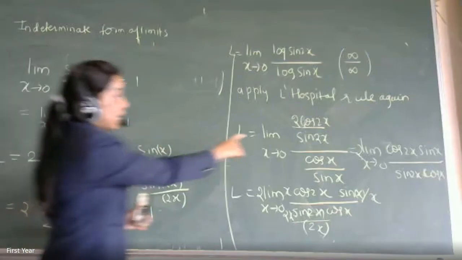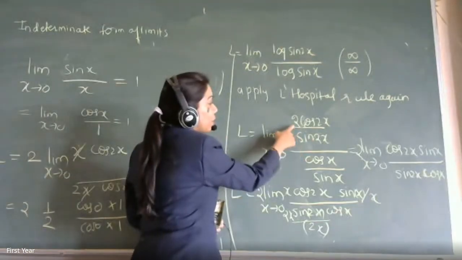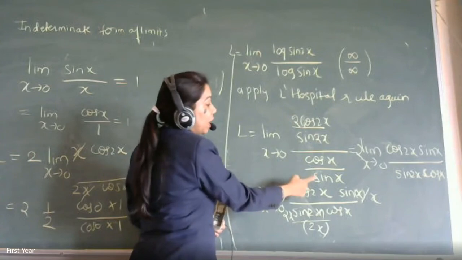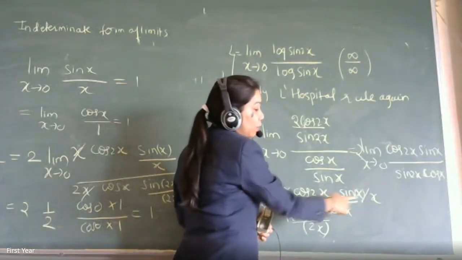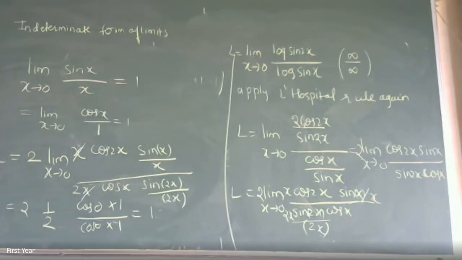And that sin 2x is in the numerator. And sin x, we divided sin x by x and multiplied, yes, multiply and divide. Understood.